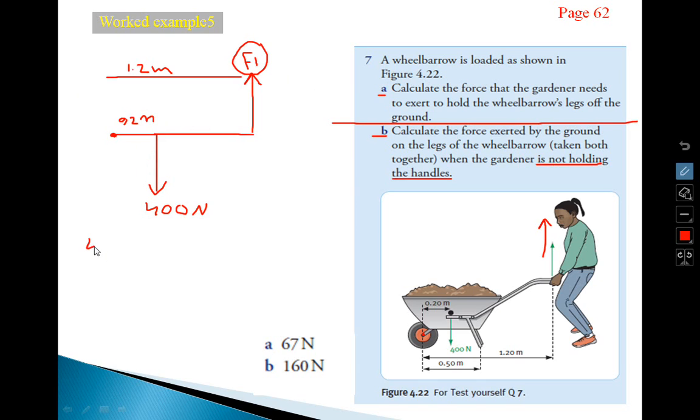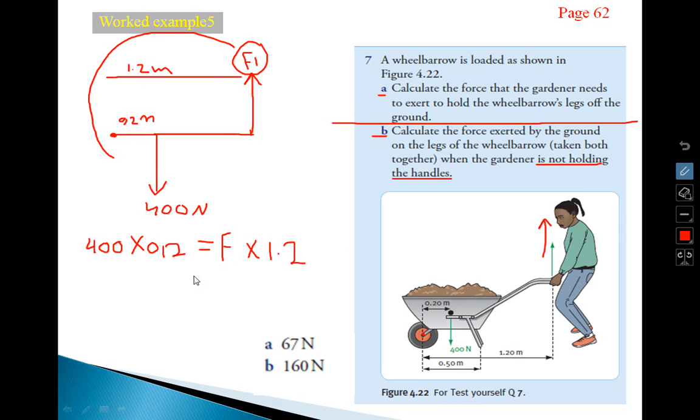So 400 Newton times the distance of 0.2 meter is equal to F1, which acts anti-clockwise, times its distance from the pivot, 1.2 meter.